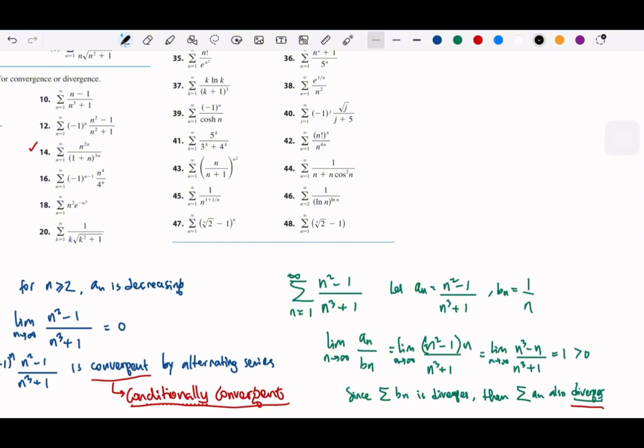For example, the easiest way is to take the limit, and when the limit is not 0 or doesn't exist, you could directly determine it as divergent using the divergence test. But if the limit is 0, try another method. You could try comparison. You could try the ratio test or root test.